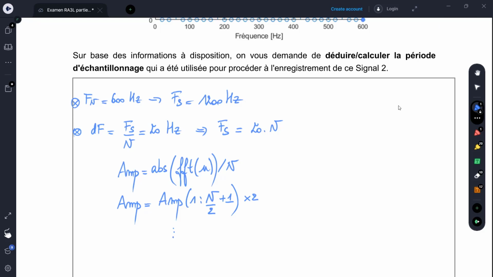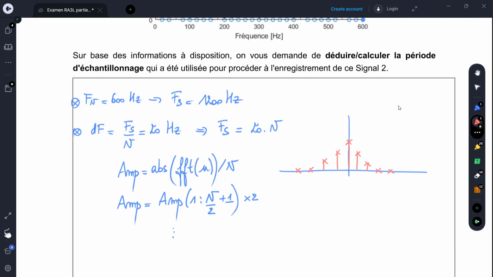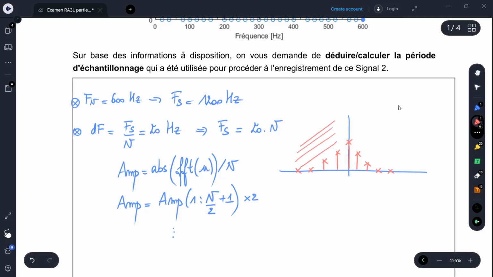Pourquoi est-ce qu'on faisait ça ? Simplement parce que ce que l'algorithme FFT nous retourne, imaginons que j'ai un spectre fréquentiel qui corresponde par exemple à ceci, et donc je devrais avoir la même chose ici également. Qu'est-ce que l'algorithme nous retourne ? En réalité, vous savez qu'il ne vient pas nous retourner la zone qui correspond à des fréquences négatives.